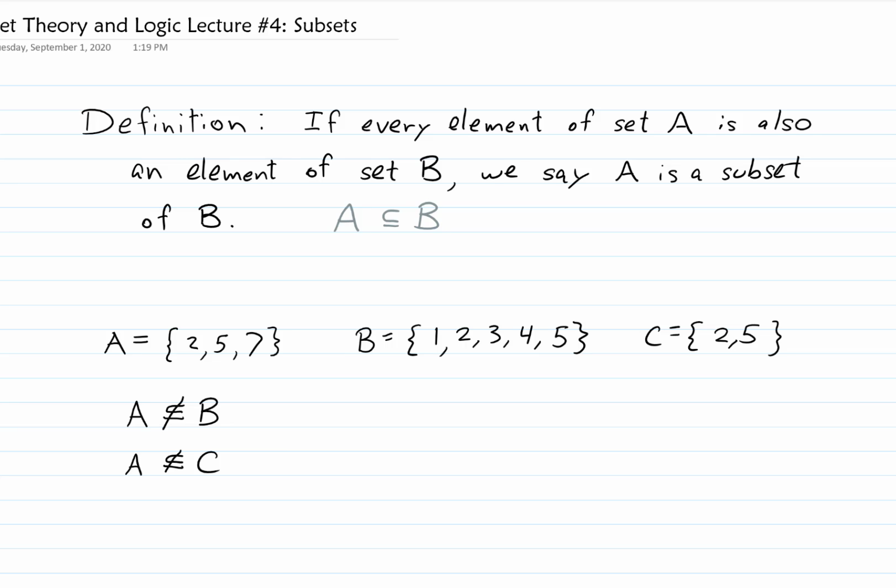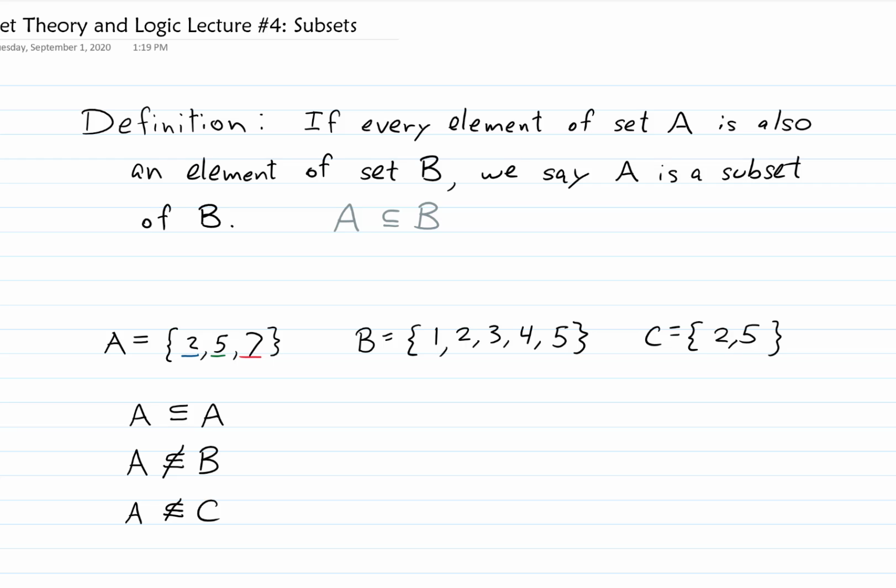Well, 2 is in A, 5 is in A, 7 is in A. So everything that's in A is in A. So doesn't that mean that A is a subset of itself? It is.